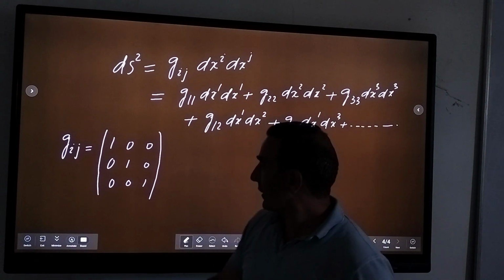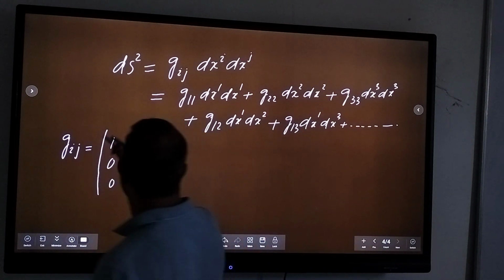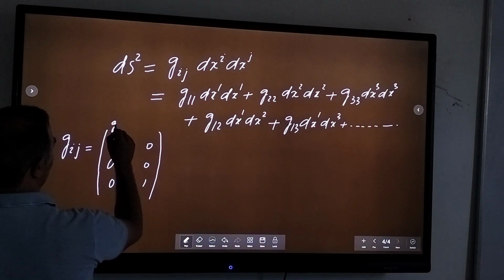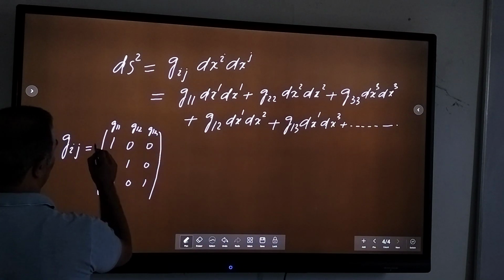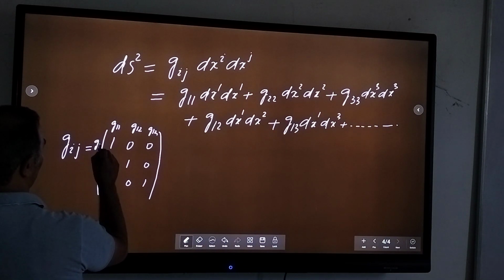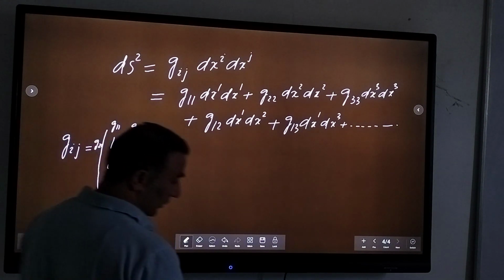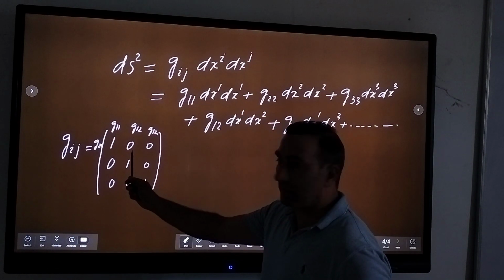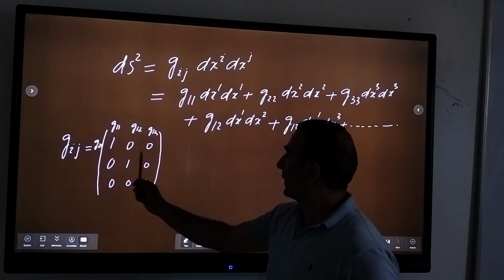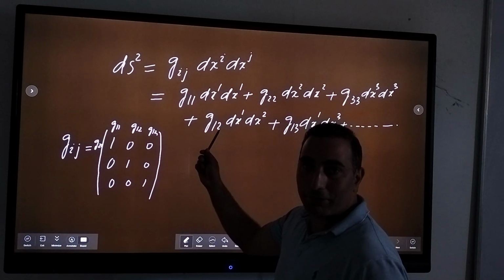This is our g11, g12, g13, this is g21, and so g12 is this one. So this will be 0, that means this term will be 0.